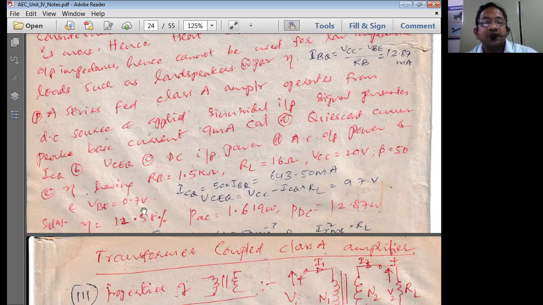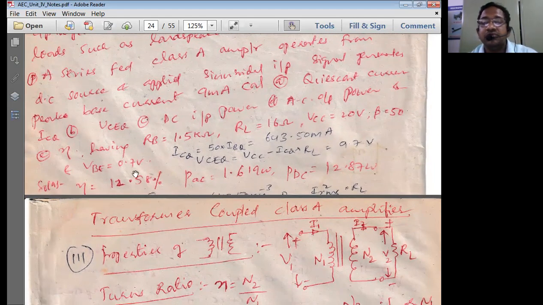VBE can be assumed as 0.7 volts. We have to always operate the transistor in the active region, therefore we take VBE as 0.7. If we operate the transistor in the saturation region, we take VBE as 0.8 volts.